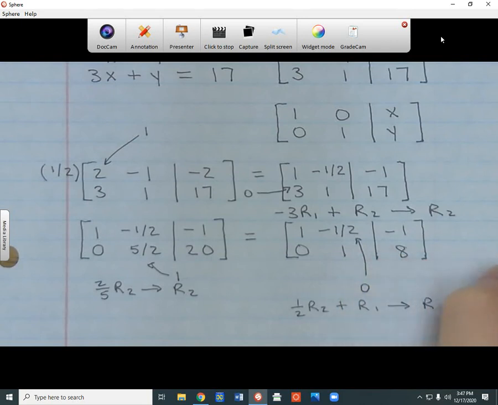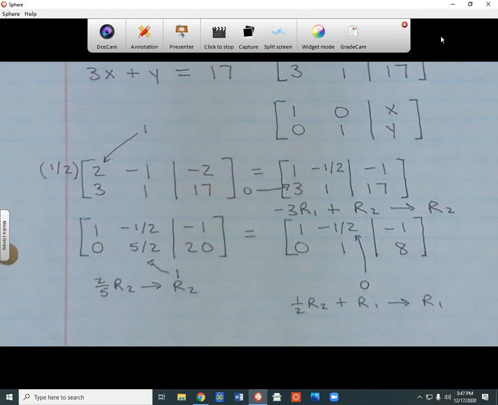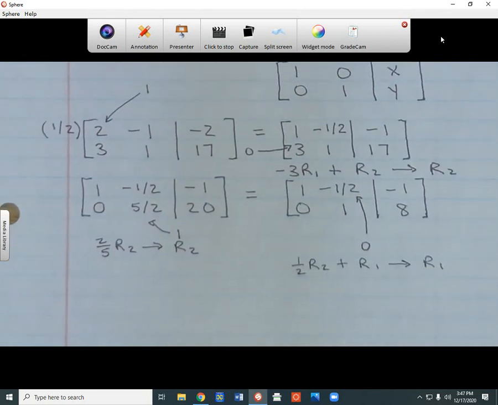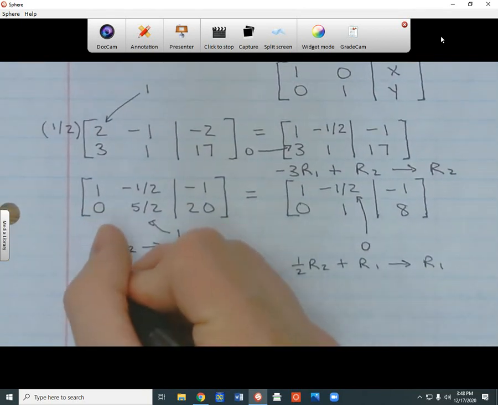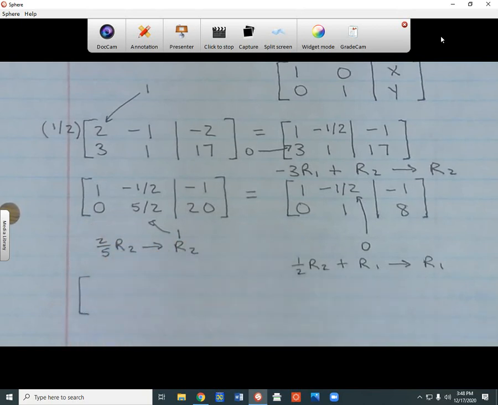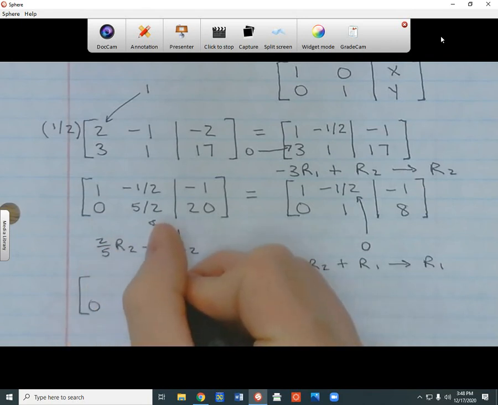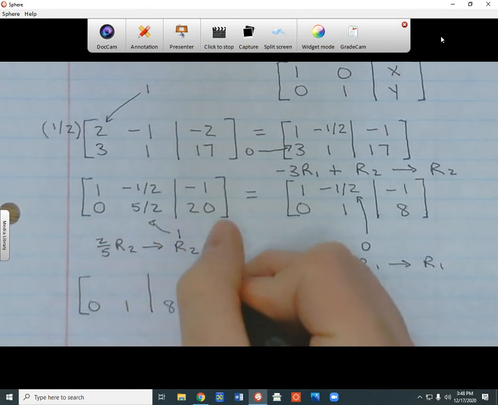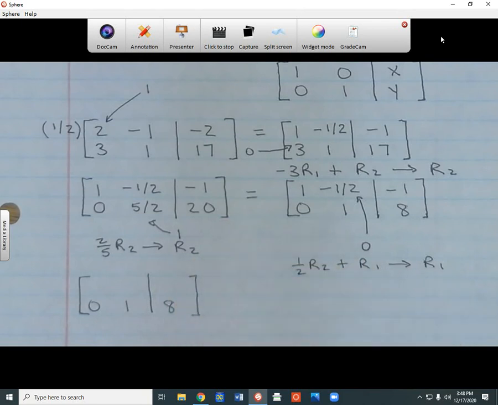So let's look and see what happens. Since I'm changing row 1, the bottom row is going to stay the same. So I'm still going to have 0, 1, and 8. Now what's going to happen to the top row? Well, I need to multiply the bottom row by 1/2 and then add it to the top row.